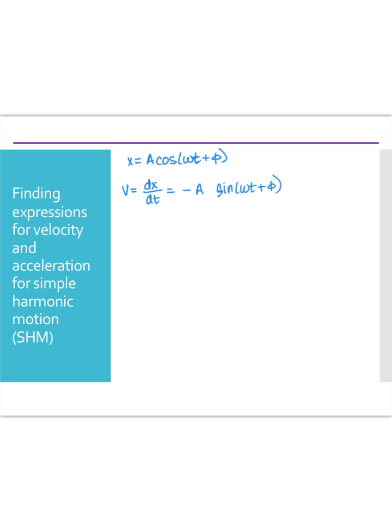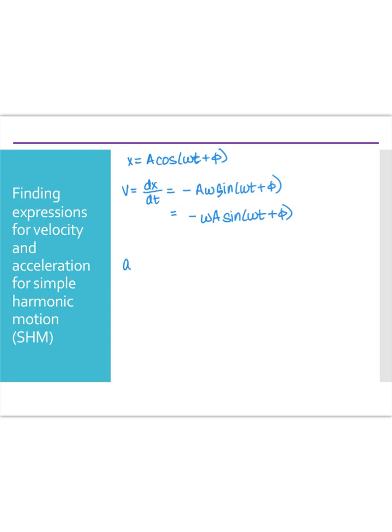But then I have to use the chain rule, so I have to take the derivative of the angle with respect to time, and that gives me another omega. So I might express this as minus omega A times the sine of omega t plus phi. And so that's my expression for velocity.